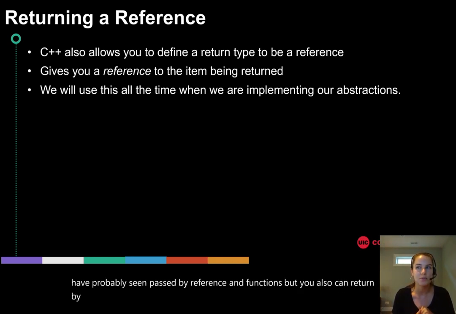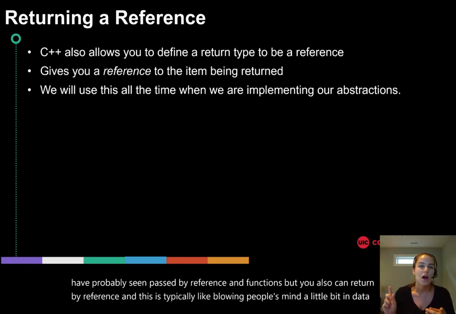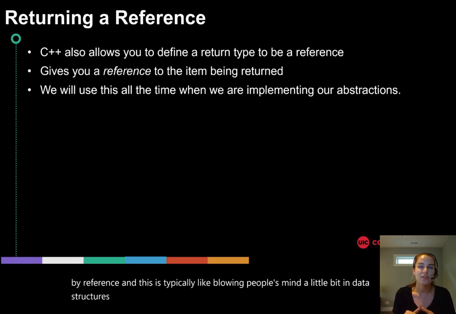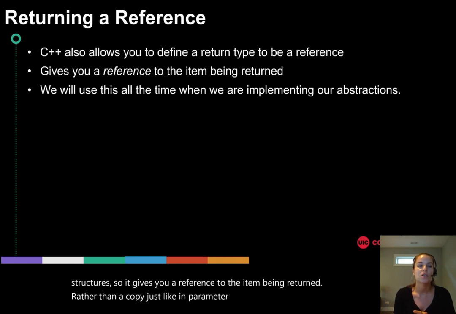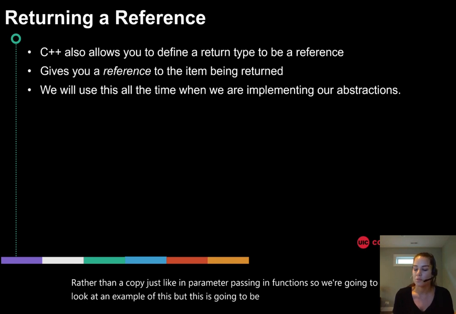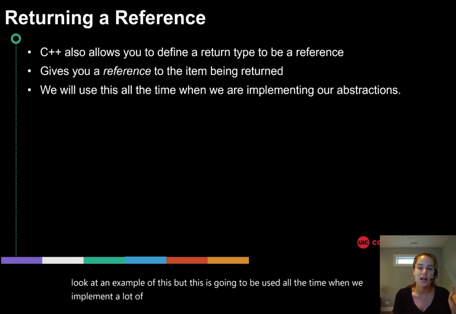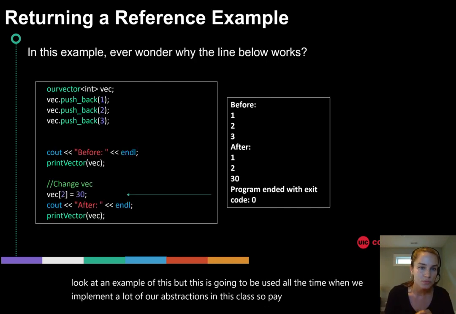And this is typically blowing people's minds a little bit in data structures. It gives you a reference to the item being returned rather than a copy, just like in parameter passing in functions. We're going to look at an example of this, but this is going to be used all the time when we implement a lot of our abstractions in this class, so pay close attention here.